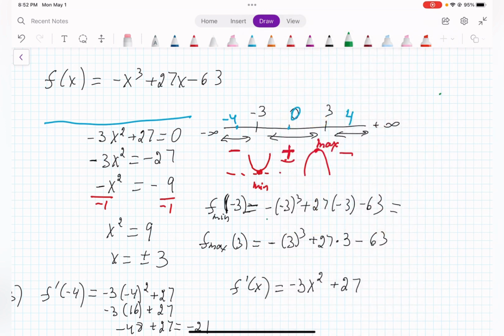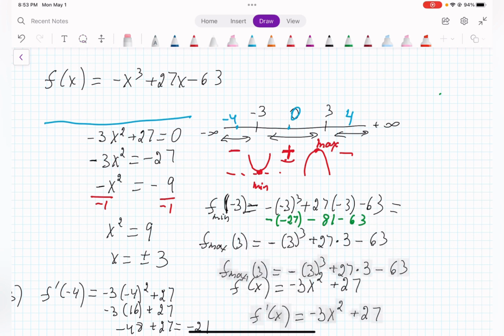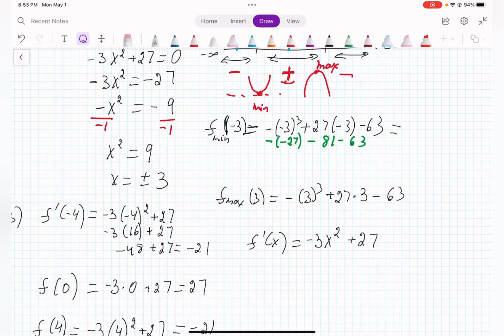So it's going to be negative 27, minus 27 times negative 3, that's negative 81, and negative 63. So negative 27 is going to be positive 27, right? So we are going to get 27 minus 81 minus 63.